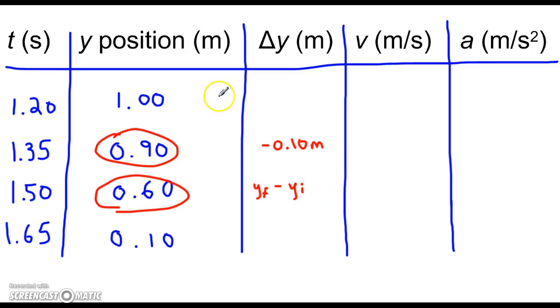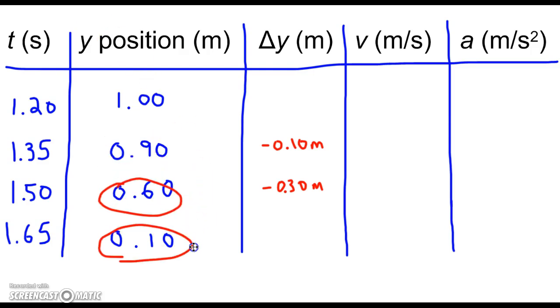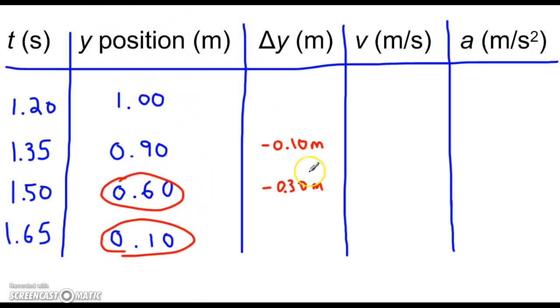So you do 0.6 minus 0.9, and you get negative 0.3 meters. And then we, again, find the displacement between these two. So 0.1 minus 0.6 is negative 0.5. Good. Okay.